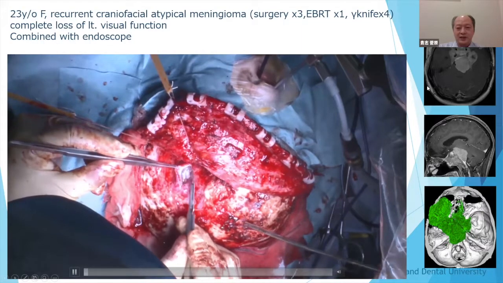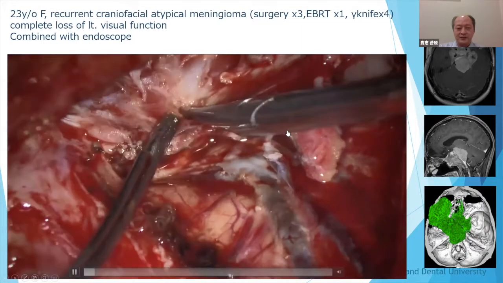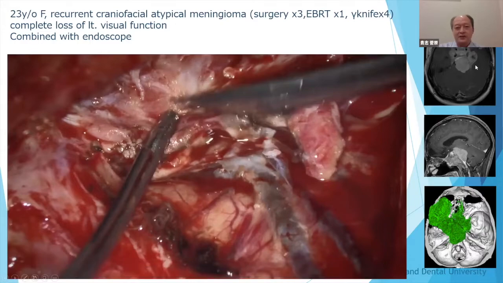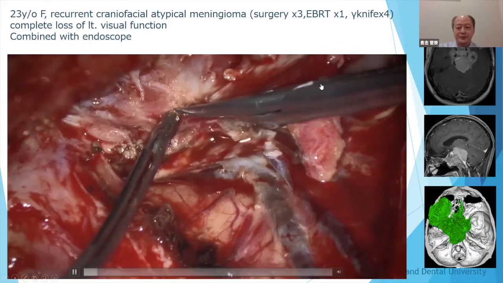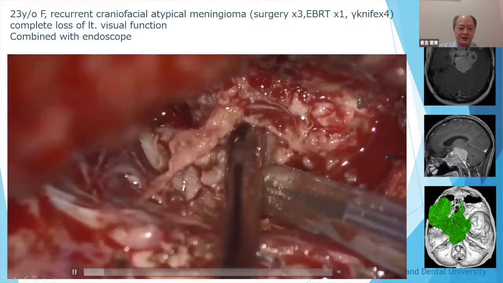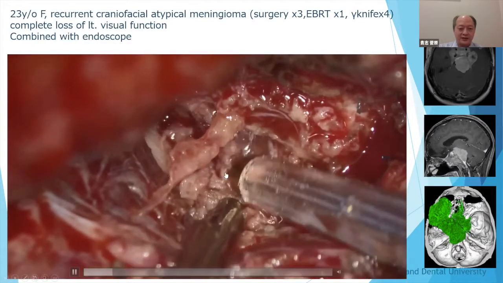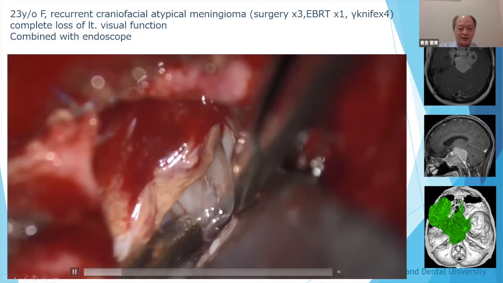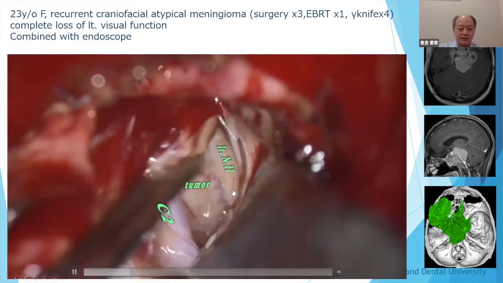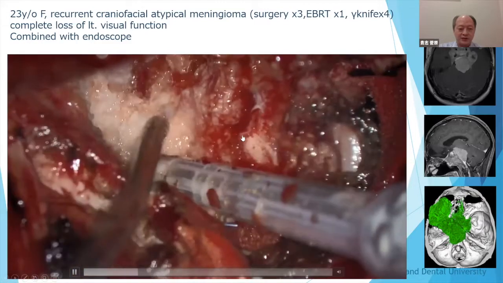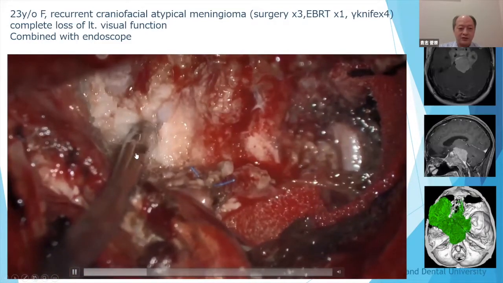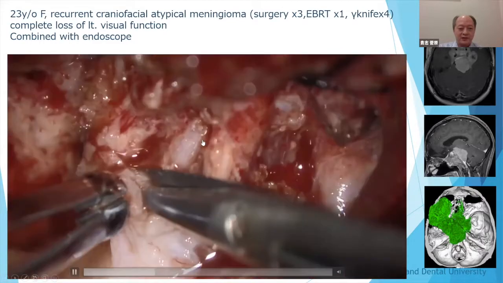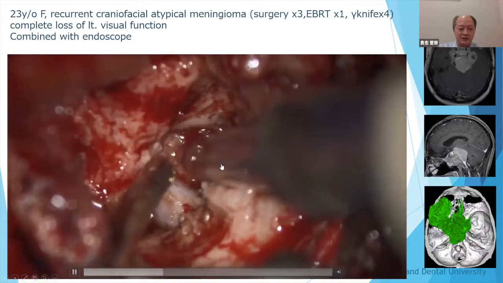So I sacrificed all of the nerves for ocular movement, because here you can see the tumor compressed the brainstem. I have to decompress this brainstem, and this is inside of the dura, and you can see the optic nerve here, the tumor on C2, and go back to the lateral wall of the cavernous sinus, and found the C4 with the Doppler and remove the tumor.